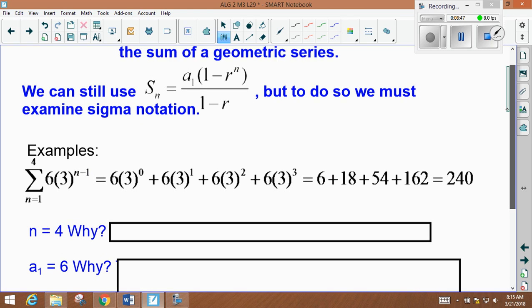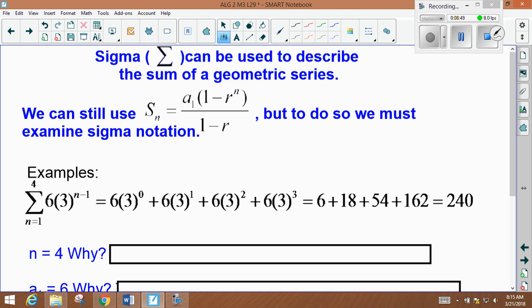This is what I'm gonna do. This 4 tells me, stop at n equals 4. This one tells me, start at n equals 1, okay?